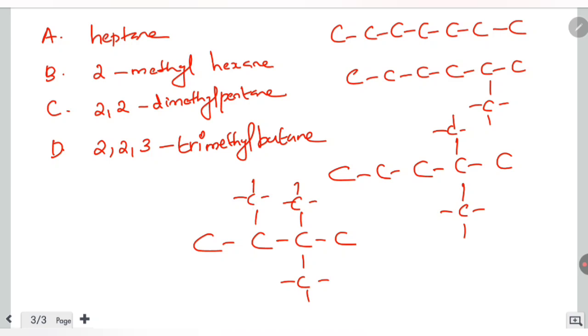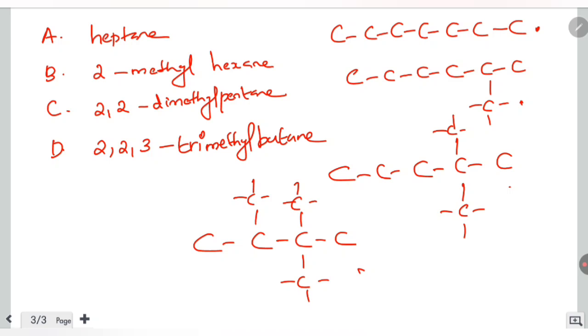So when you look at this one, yes, of course, all of them are alkanes. That means they have London force, right? But what difference can you see? It's also a difference in chain length, or we can say what? Number of branches. Because this one is a straight chain. Here you have 1, here you have 2 branches, here you have 3 branches.